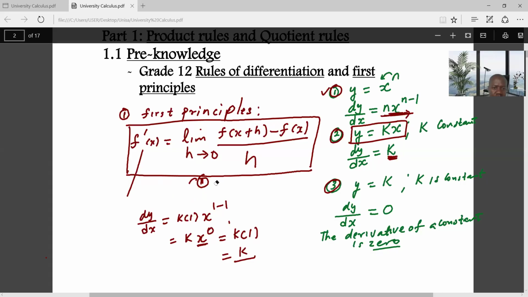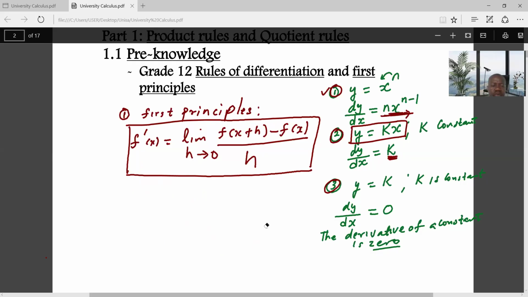And just to remind you, we can just look at one example. Imagine we have y equals x cubed plus 4x squared plus 8x plus 9.